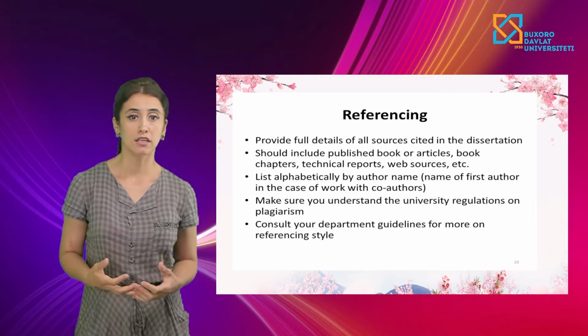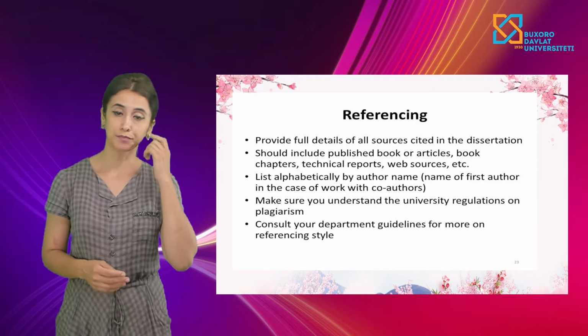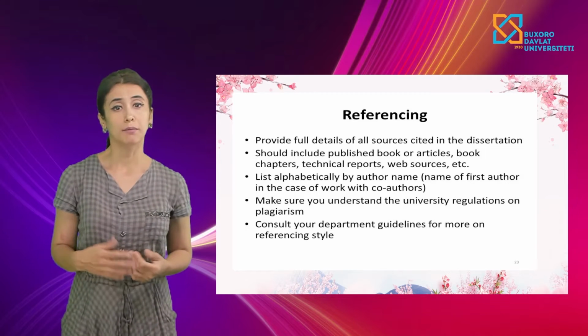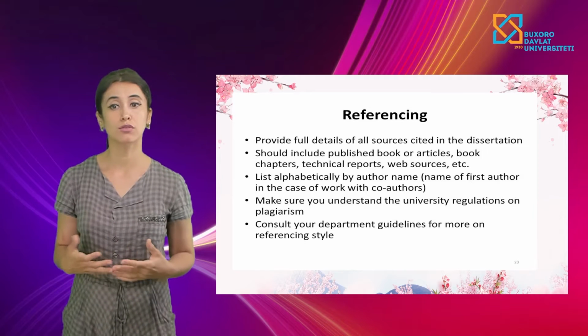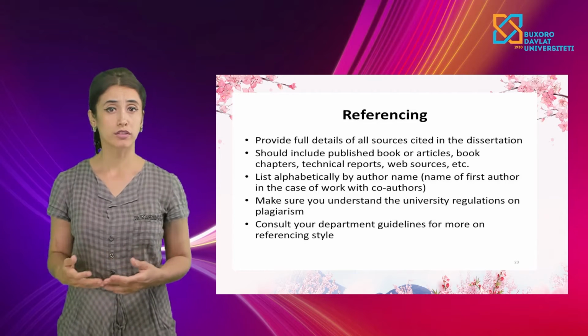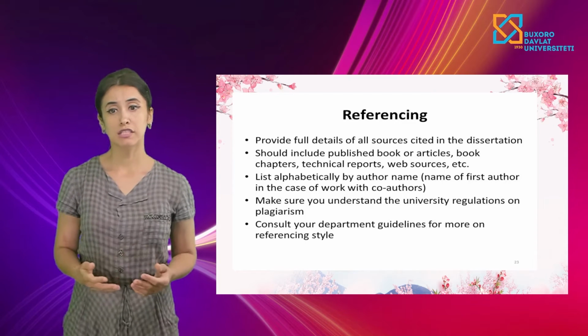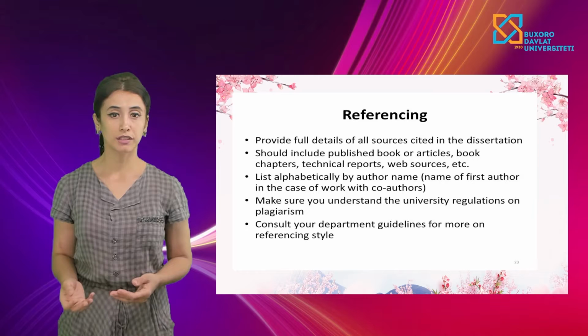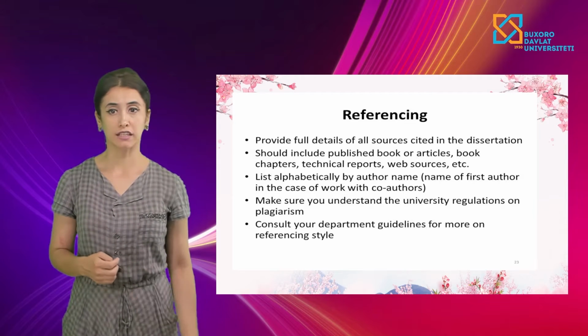If you want to use someone's theories or opinions in your work, you have to show the source or the author of this statement. And for referencing, consult your department guidelines for more on referencing style.